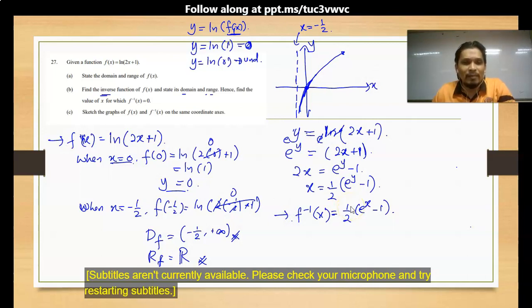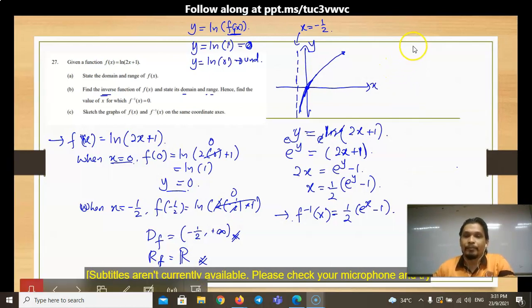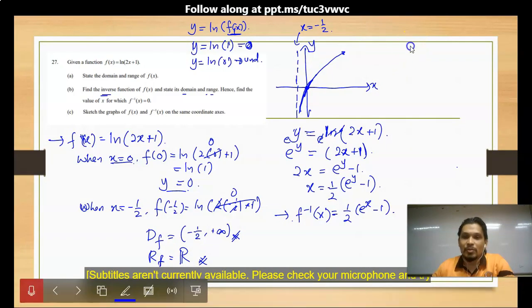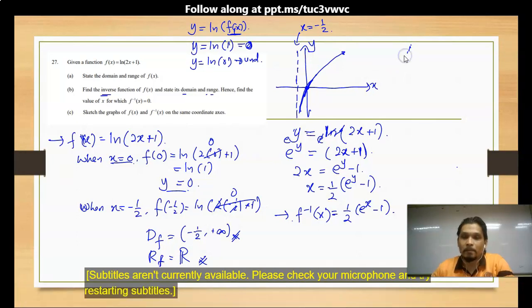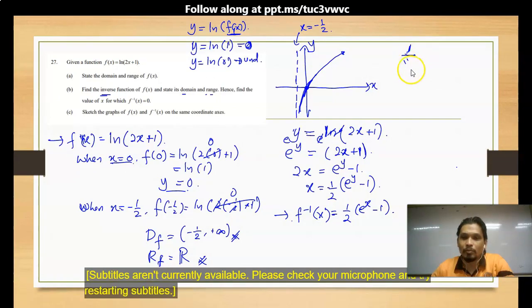Find the value of x for which f inverse equals 0. So f inverse equals 0, 1 over 2 e to the power of x.